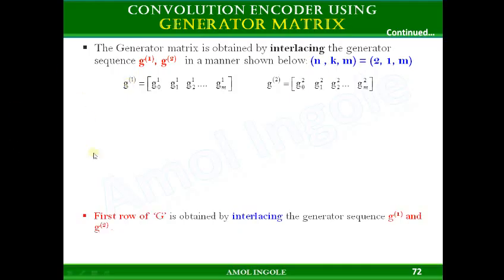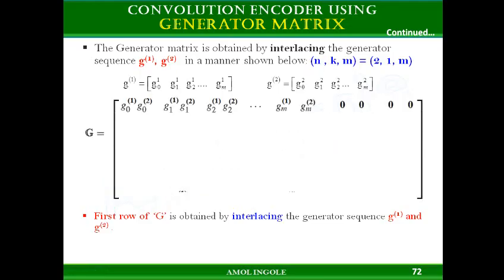The first row of the generator matrix is obtained by interlacing the generator sequence G1 and G2, and it is shown like this. You can see the first row of the generator matrix is obtained by interlacing G1 and G2 generator sequences. You can see here, this is G1 0, the first bit of the generator G1.